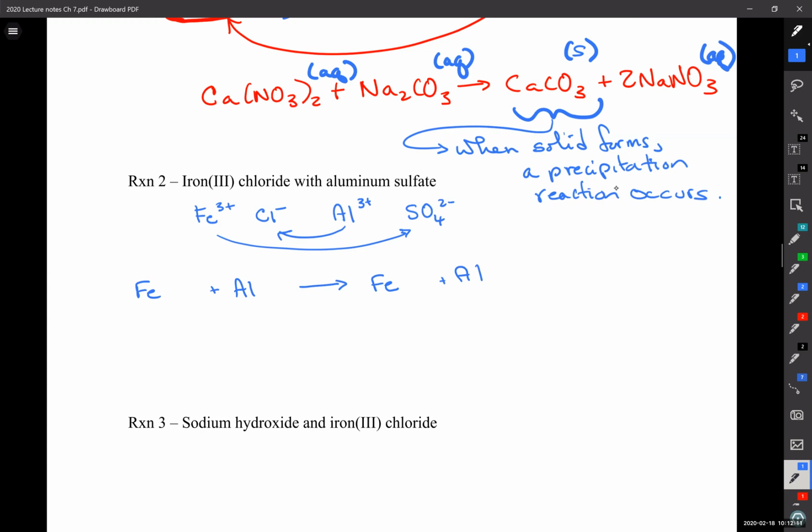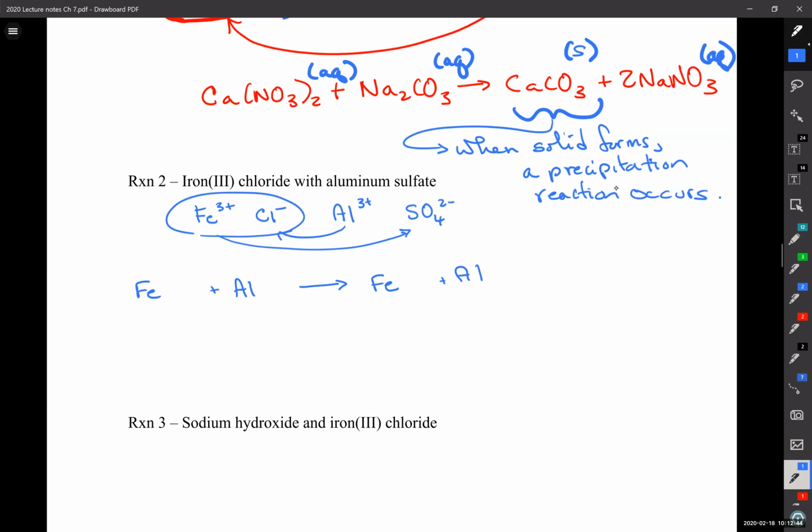Okay, and 3 is up, right? It's 3 plus. Oh, really? Yeah, the 3 is not the subscript line. So if you put this 3 plus with 1 minus, how many things do you have? If you want to make a compound out of these, the overall charge has to be 0, right? Yeah, so how many Cls do you need to make it 0?